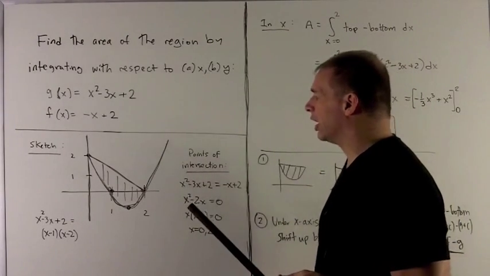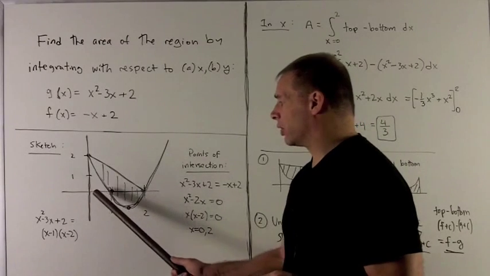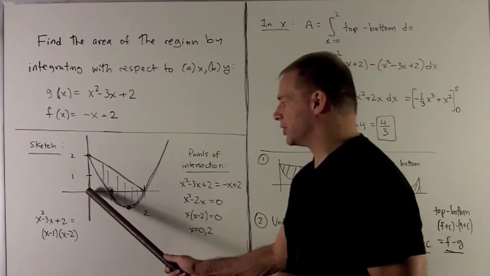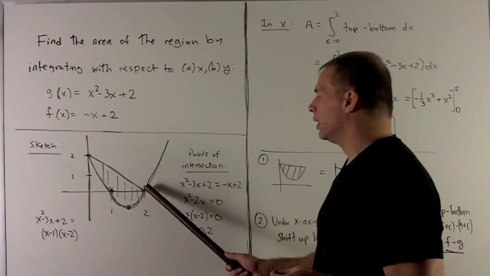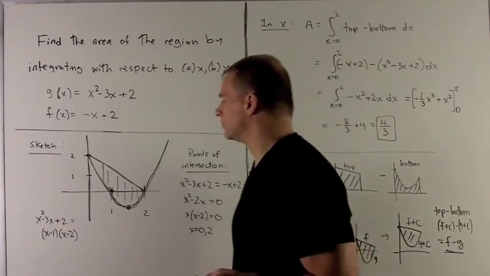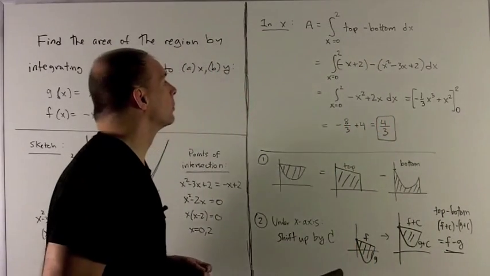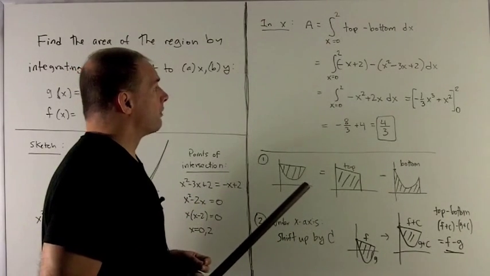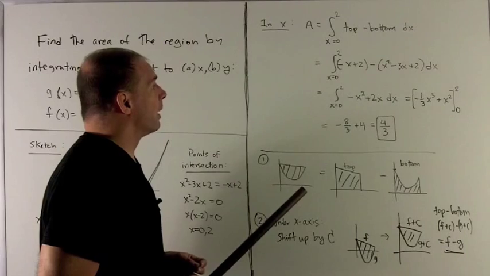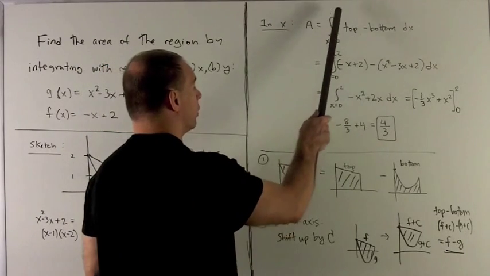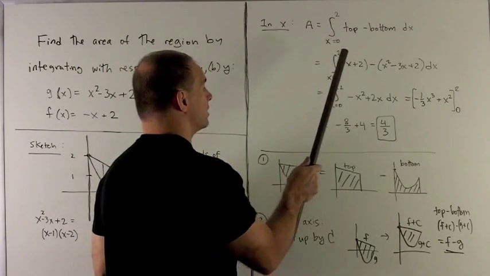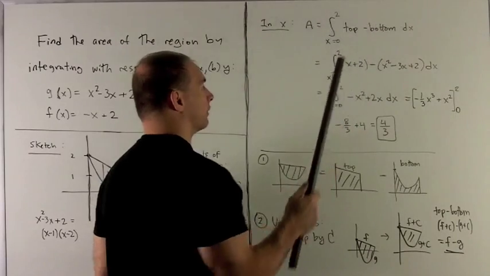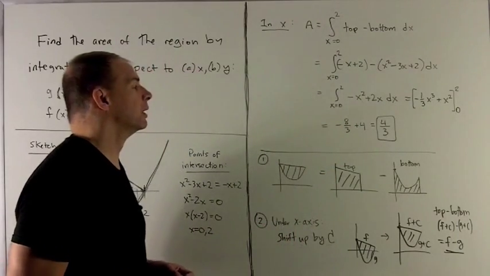So here's our picture. When I integrate, the limits of integration are going to start from x equals 0 and go over to x equals 2. For x, we have our function for the area given by integrating over your limits, and the rule is take the top function, subtract off the bottom function.